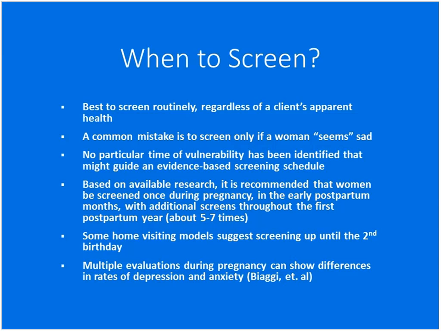And I did come across one study that recommended screening more than once during the pregnancy, out of the idea that there's more accuracy in diagnosing depression and anxiety if you screen more than once during the pregnancy. So next slide.